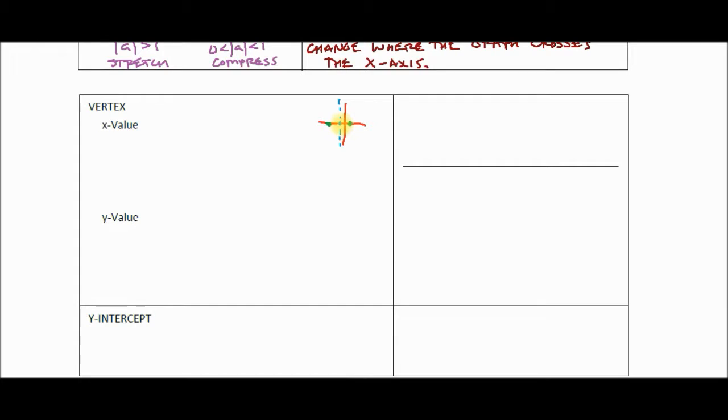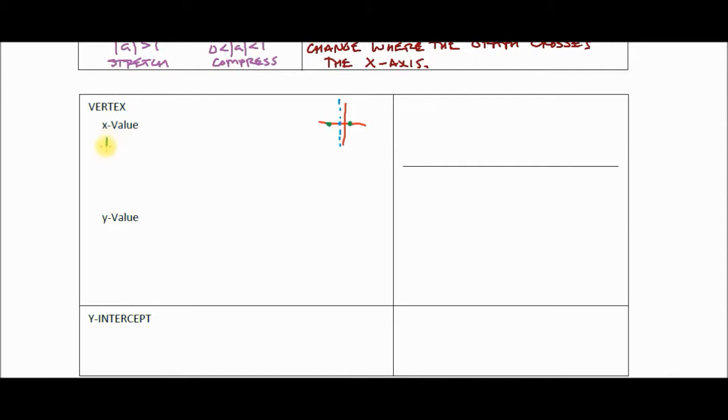We know the x value of the vertex will be exactly on this axis of symmetry. It always is. But we don't know whether it's going to be in the positive parts of y, the negative parts of y, close to the middle, or way far away, up or down. That's what we have to calculate. So, knowing this, here's how we figure out the x value of the vertex.